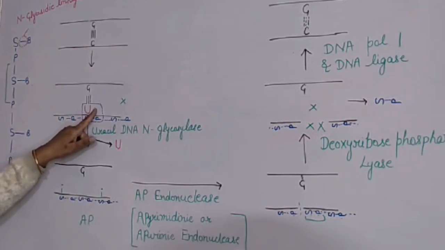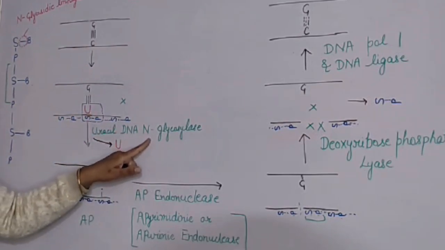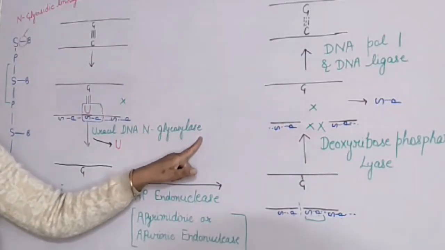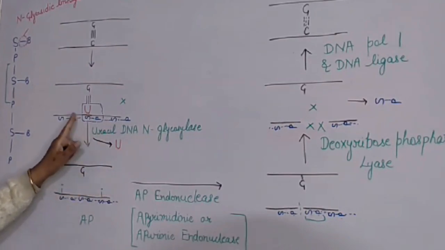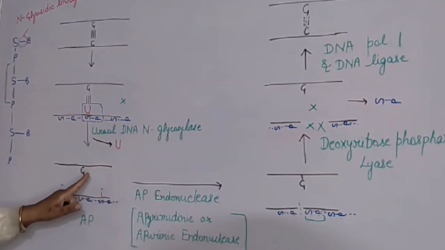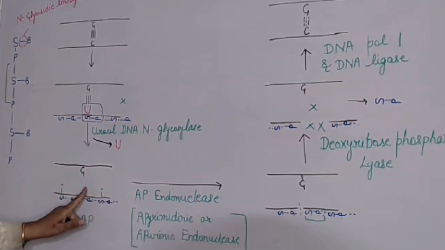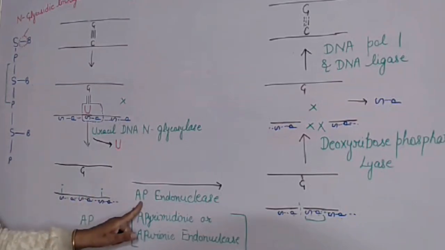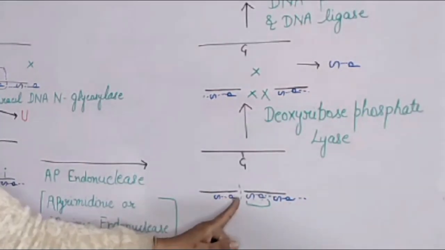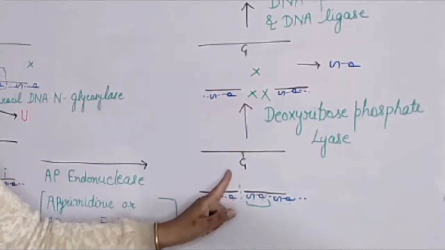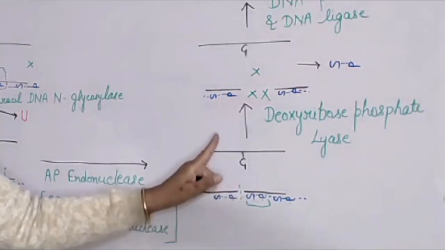To remove this uracil, the enzyme uracil DNA N-glycosylase comes and removes this wrong base, so that we are left with the AP site, that is the apurinic or apyrimidinic site. To act upon this site, the enzyme AP endonuclease comes and makes a nick here, breaking the phosphodiester bond.